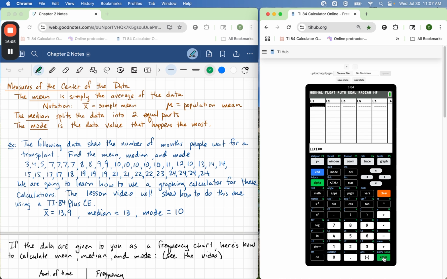Then you're going to see this chart and you have all these lists here. And I'm going to just enter that data into the list. So I'm going to enter 3, 4, 5. There's 4 7s. There's 2 8s. 2 9s. There's 1, 2, 3, 4, 5 10s.